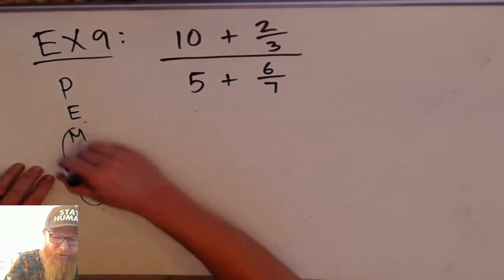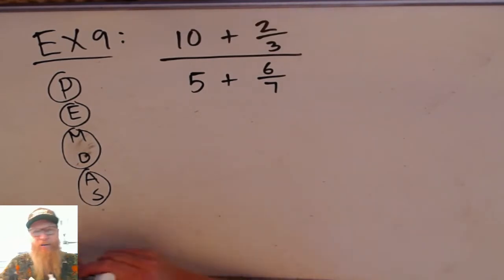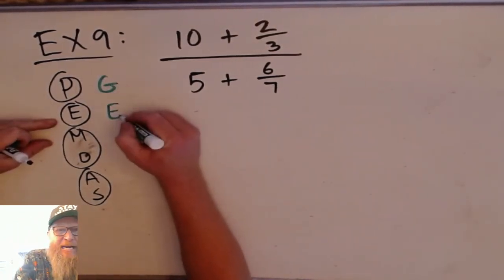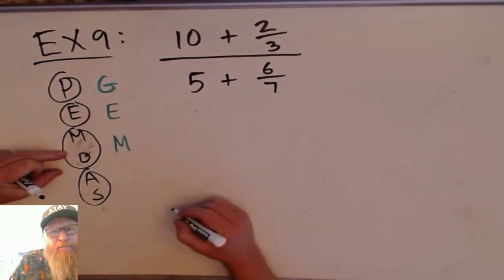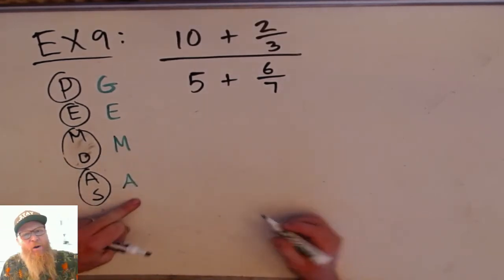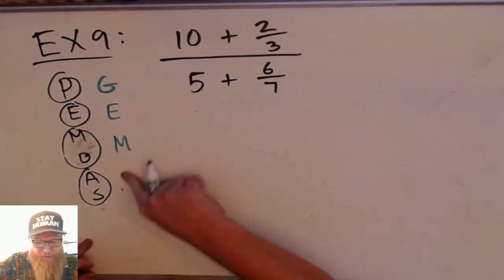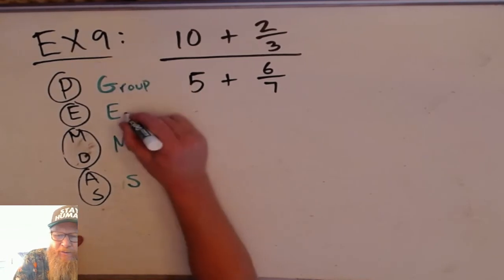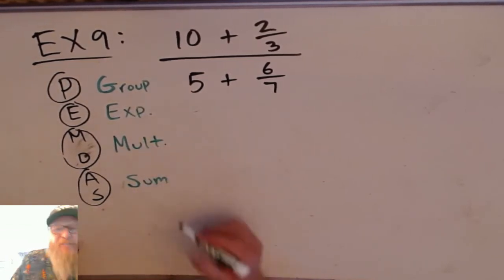But we've actually streamlined this into a new acronym: G, grouping symbols; E, exponents; M and D are just called M, and then AS are usually called A, or I actually like to call it S because then it spells the word gems. So this means group, then exponent, then multiply, and then sum.